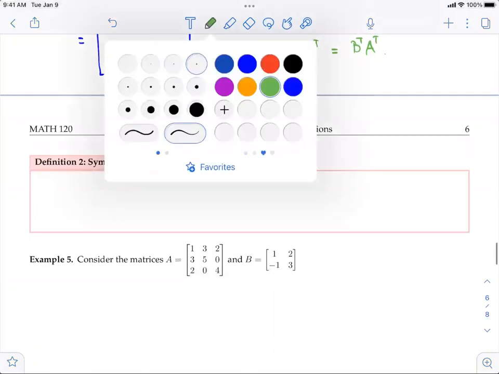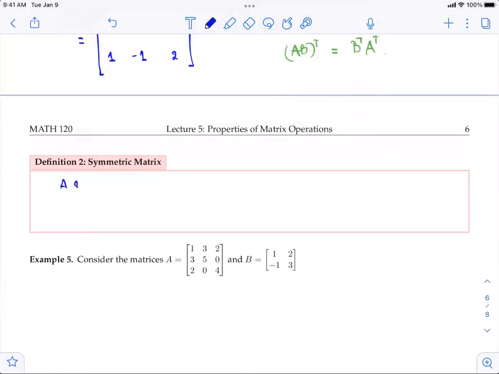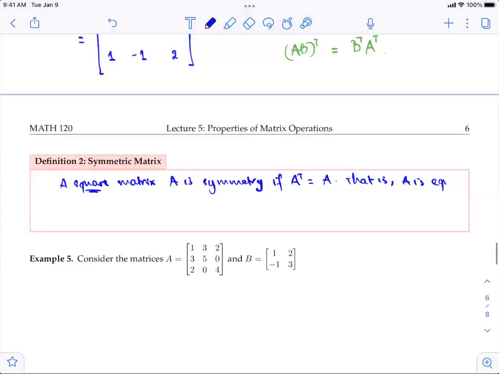So it has to be a square matrix. Okay. A is symmetric if A transpose is equal to A. Right. That is, A is equal to its own transpose.